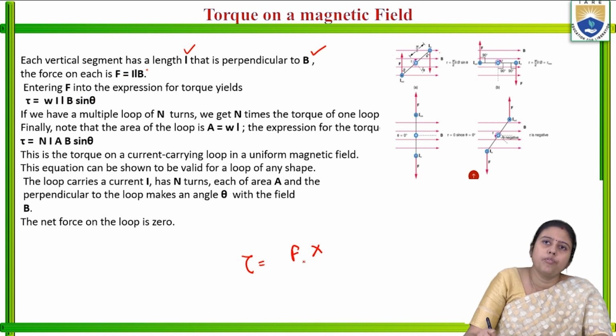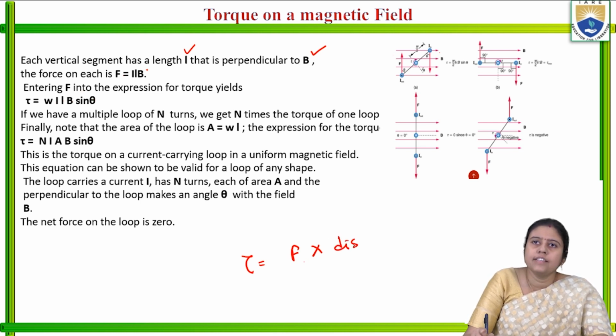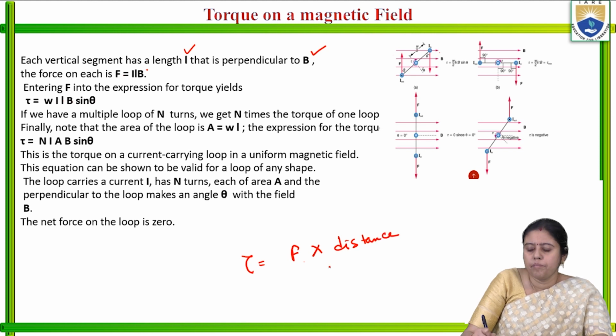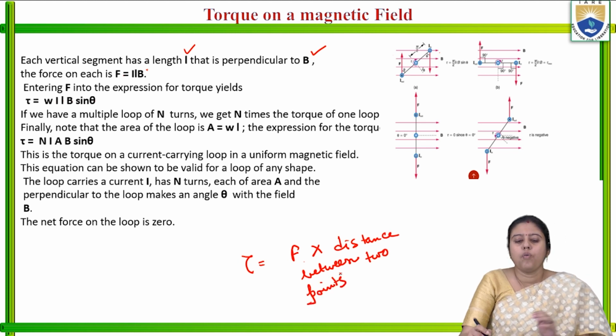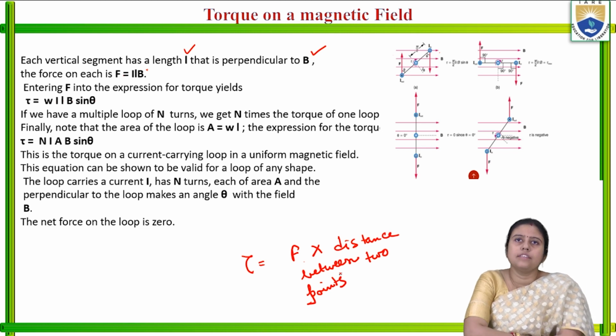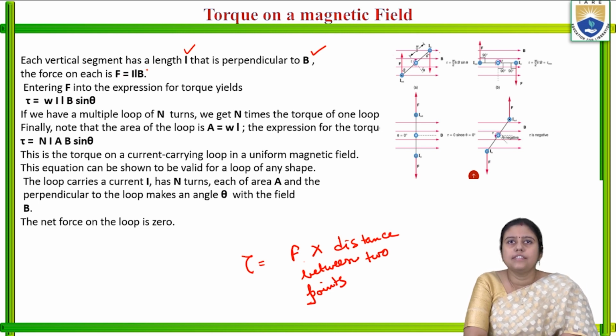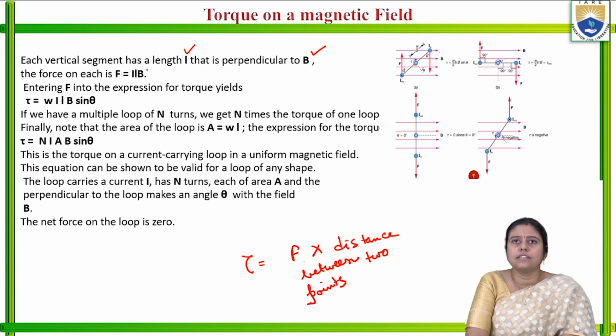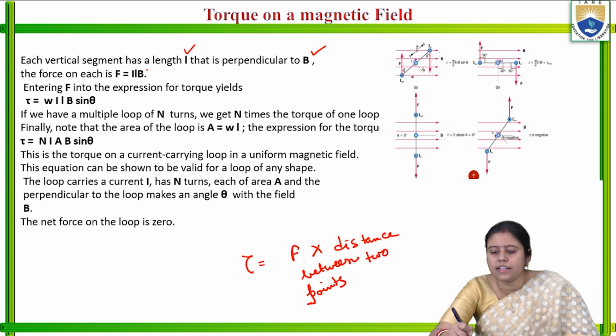What is W? W is equal to the distance between two points. So this is the torque. The distance between two points is nothing but W.